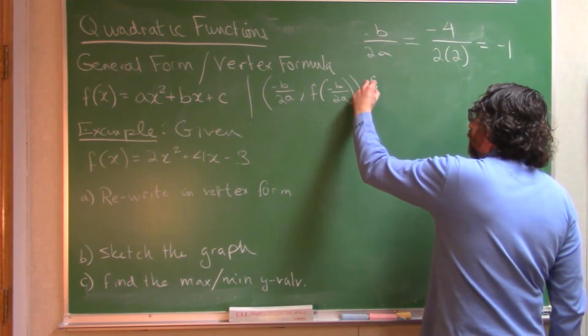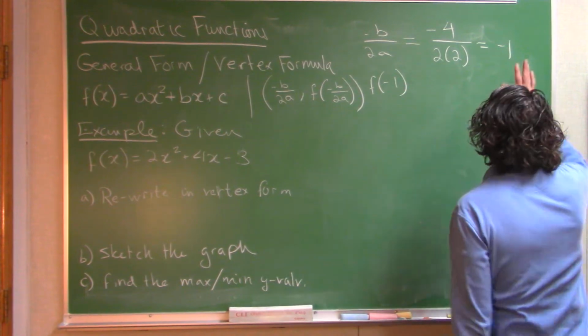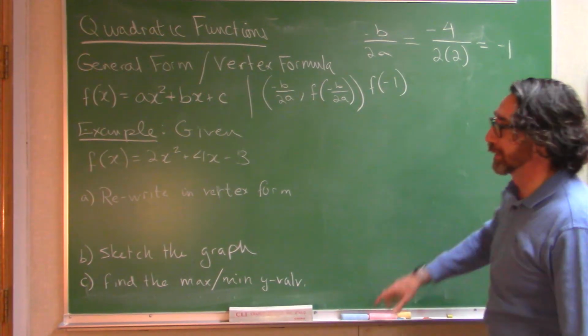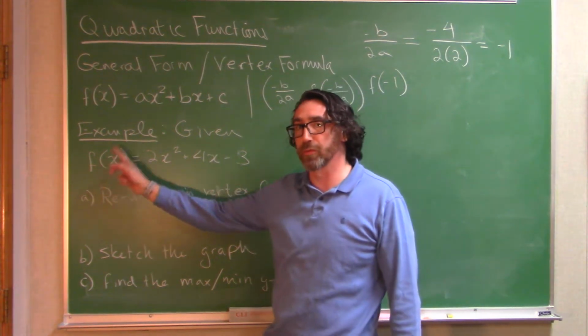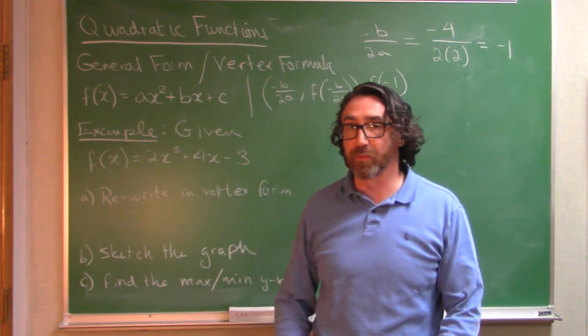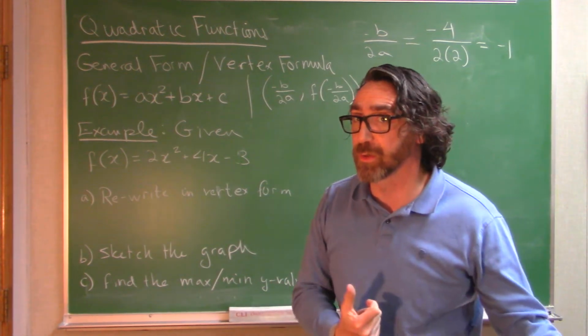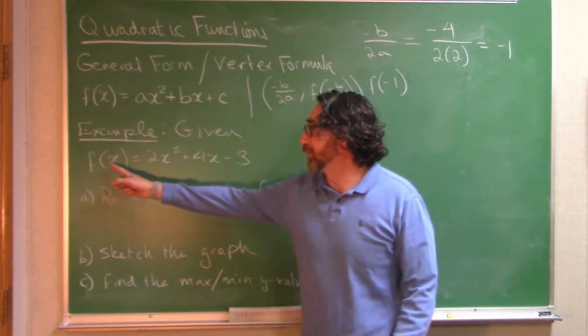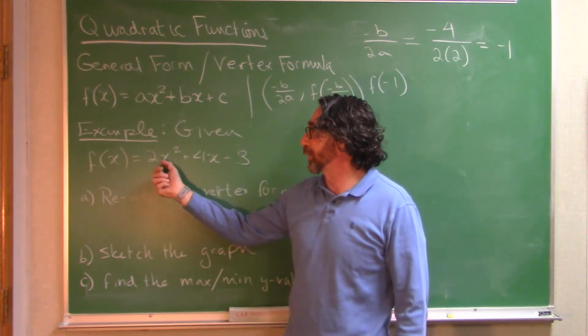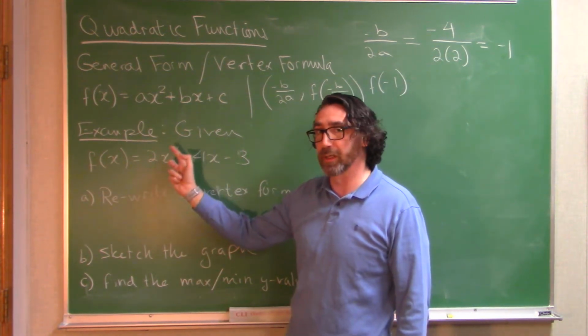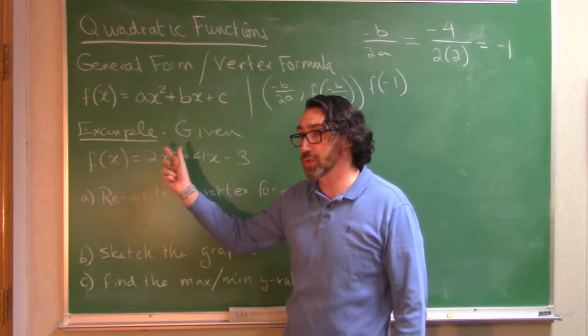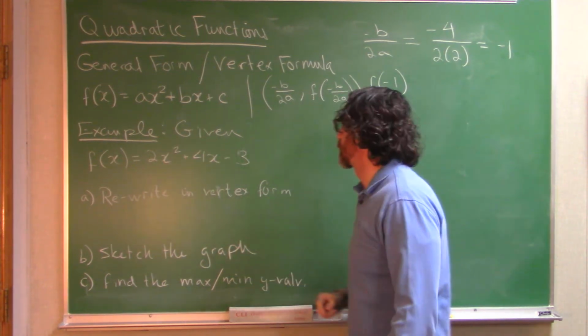Now, to get the y-coordinate, I take this value and substitute it into the function. Of course, we remember from the very beginning of the course how function notation works, right? If you put -1 there, you replace this x with -1. So it's -1 squared, and you replace this with -1.